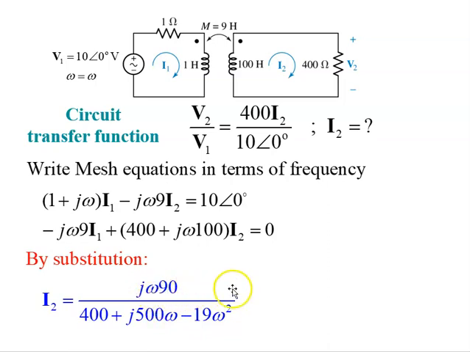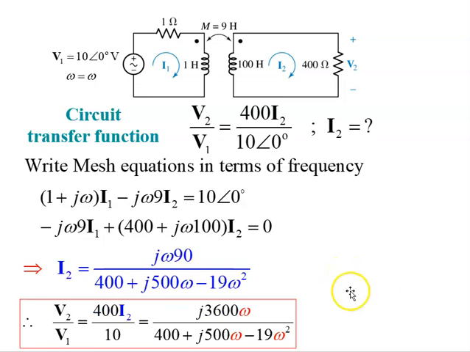So we do have a complex current there, which could be represented in both rectangular or polar form if we had a value for omega. So when we solve that and plug that in, we get our V2 over V1, that voltage gain in terms of omega.